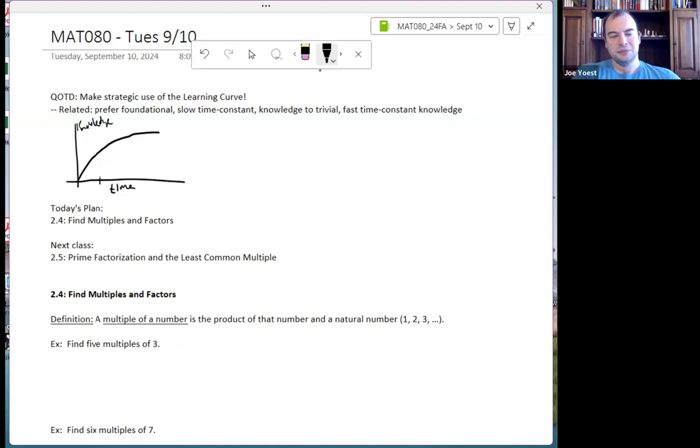So the first bit of time spent learning a subject, you gain a lot of knowledge. The next proportion of time, you gain more knowledge, but not at quite the same rate. The next amount of time that you spend, you're still increasing in knowledge, but the yield is a little bit less.